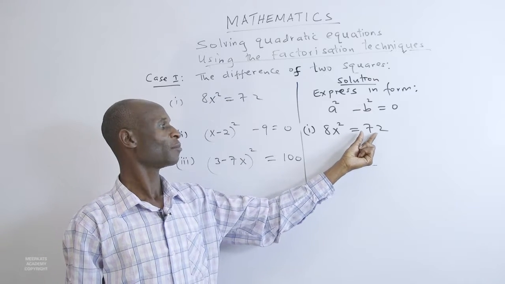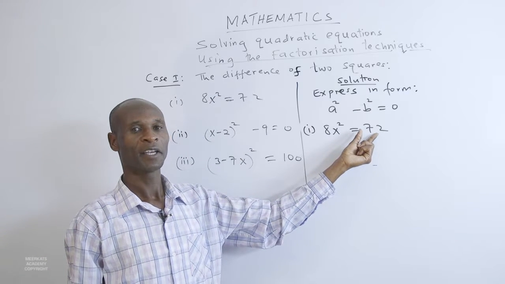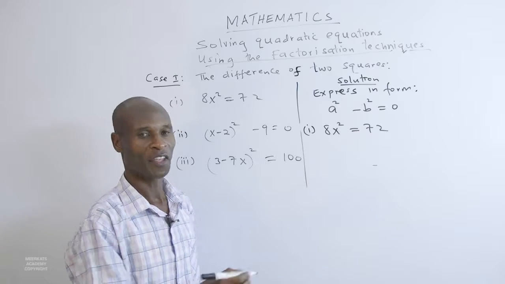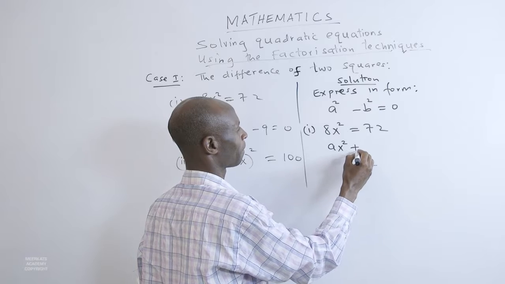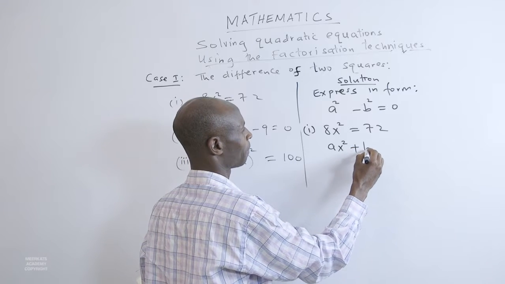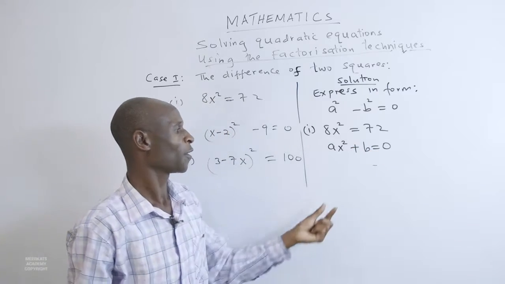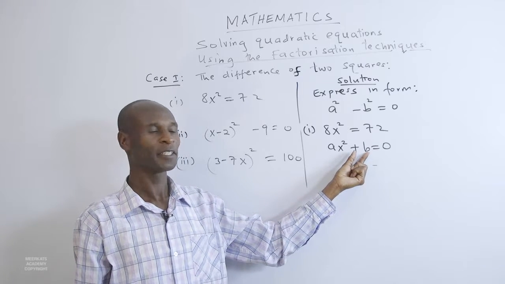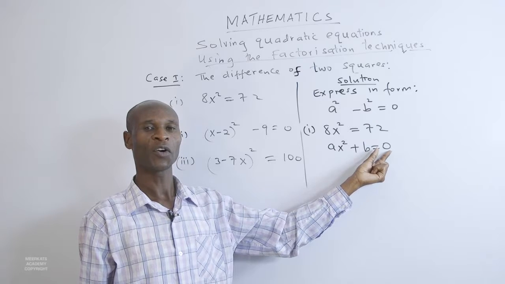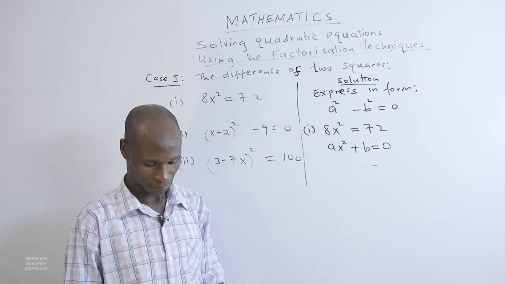In this case, the constant term 72 is on the right hand side, so the constant term must be collected on the left hand side so that we only remain with a 0 on the right hand side.